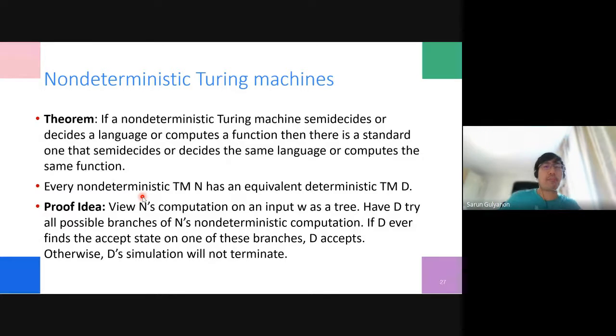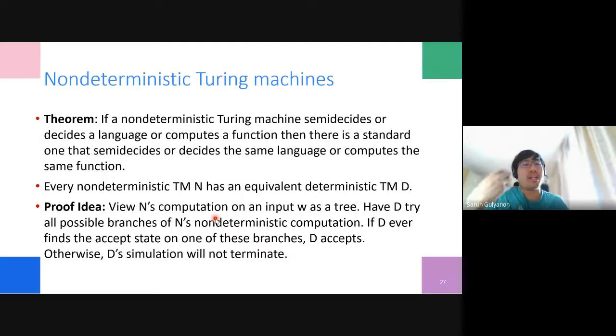Let's see from the view of the non-deterministic Turing machine first. After we build this tree, what we expect is this: at some point, one of the leaf nodes in this tree must be a halting state.